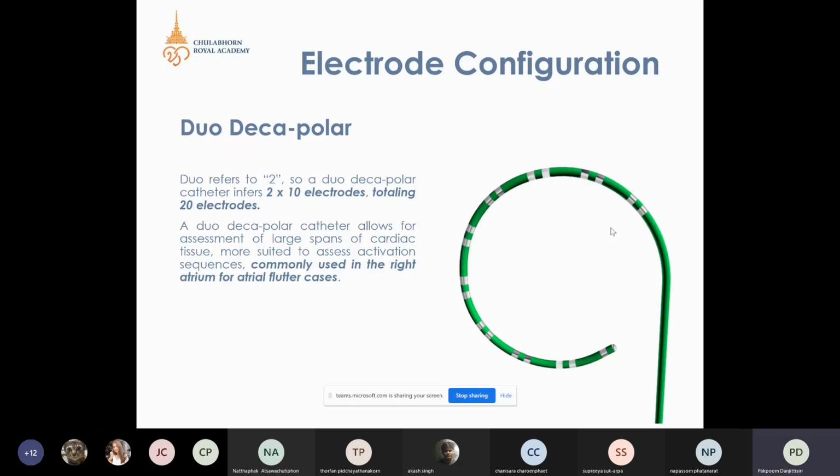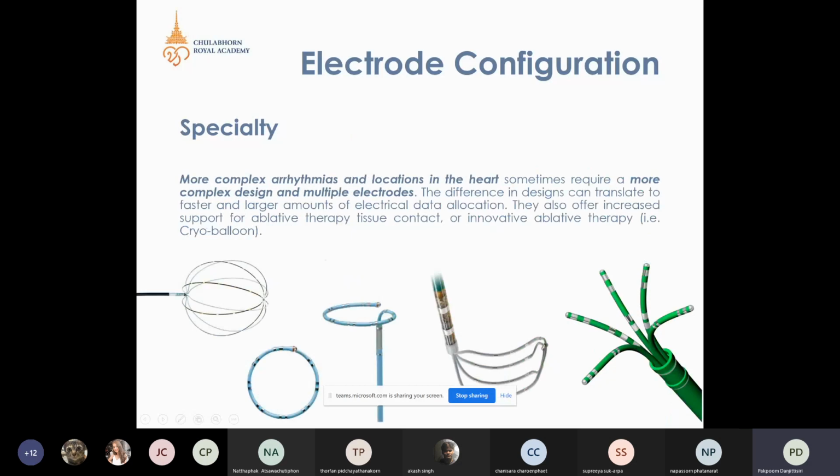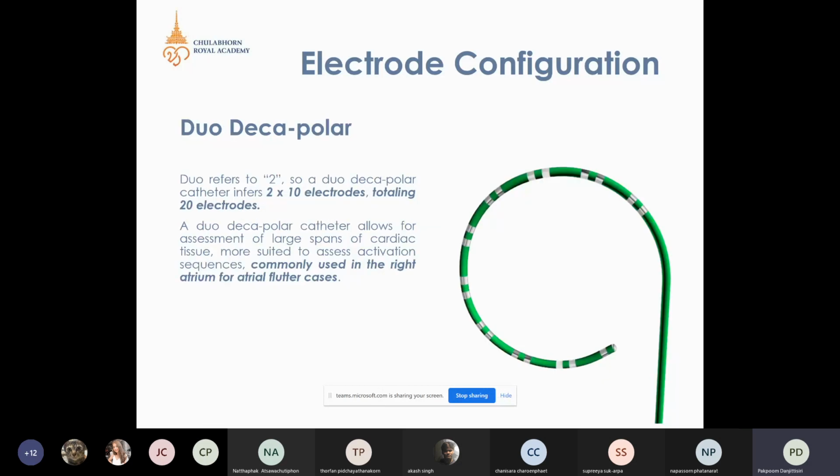So it's very useful when the doctor is doing ablation to treat atrial flutter, the typical atrial flutter that causes the electrical activity to make a macro circuit around the right atrium.